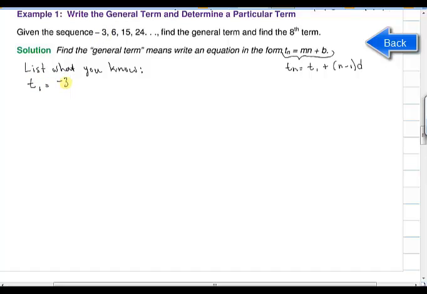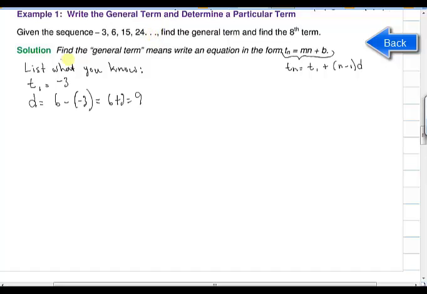And the other thing that we know is the common difference. Even though it's not given to us, we can calculate it. And we know that if we go 6 minus -3, or T2 minus T1, we will get 6 plus 3, which is 9. So we know our common difference is 9. Okay, and generally this is the information that we know, plus the fact, of course, that it's an infinite series.